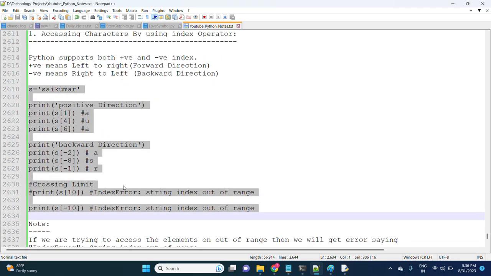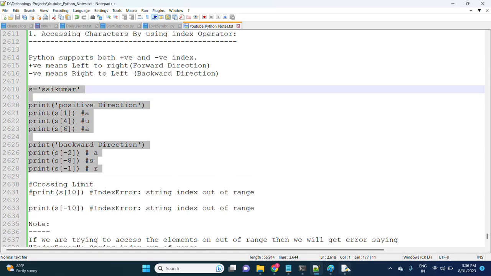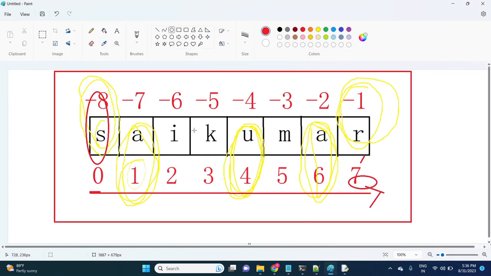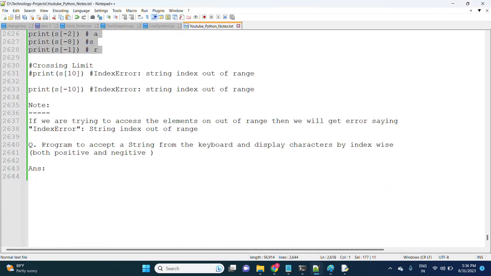For your clarity, I have taken this diagram. If I explain here, you can get much more clarity. After that, I have explained this program to accept a string from the keyboard and display characters index-wise, both positive and negative.